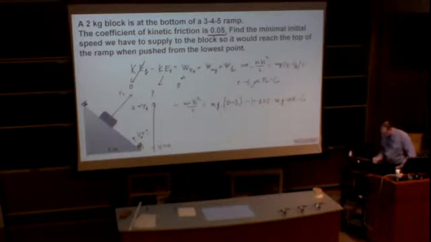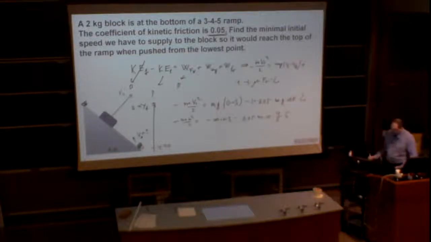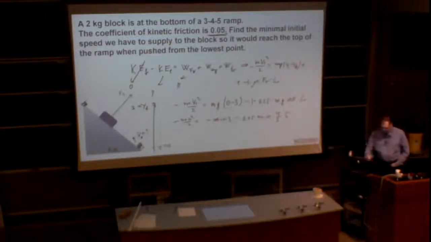So what does it give me? A negative sign, mv initial squared over 2, equals negative m times 10 times 3, minus 0.05 times m times 10, same cosine, 4/5, and same distance, 5. And again, we can see that we can cancel out the mass from everything.